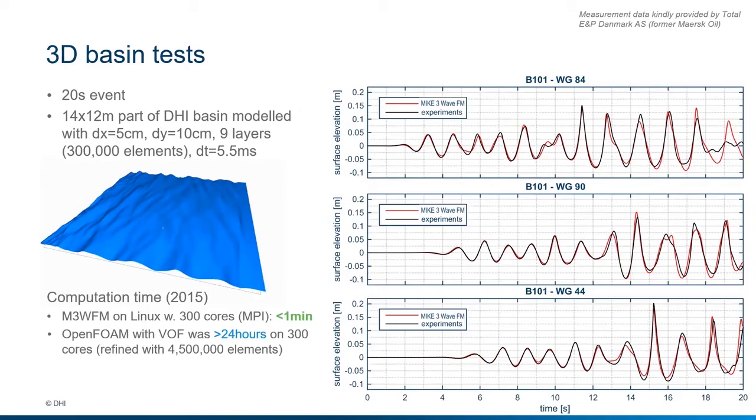Here we also had to refine with 4,500,000 elements before we got similar results. And we can see some of the results that we have to the right for some of these simulations. And we can see that actually MIKE 3 Wave FM captures the nonlinear wave train shielding quite accurately.